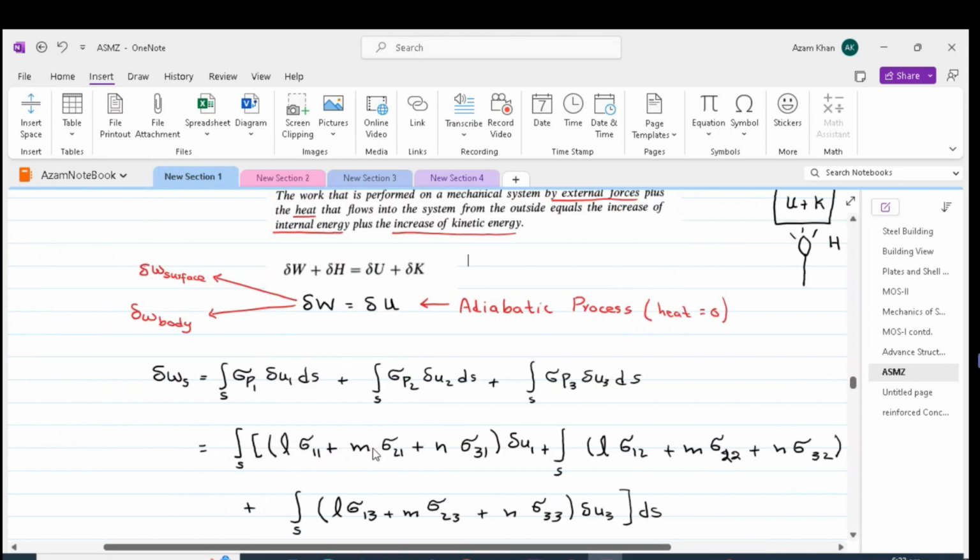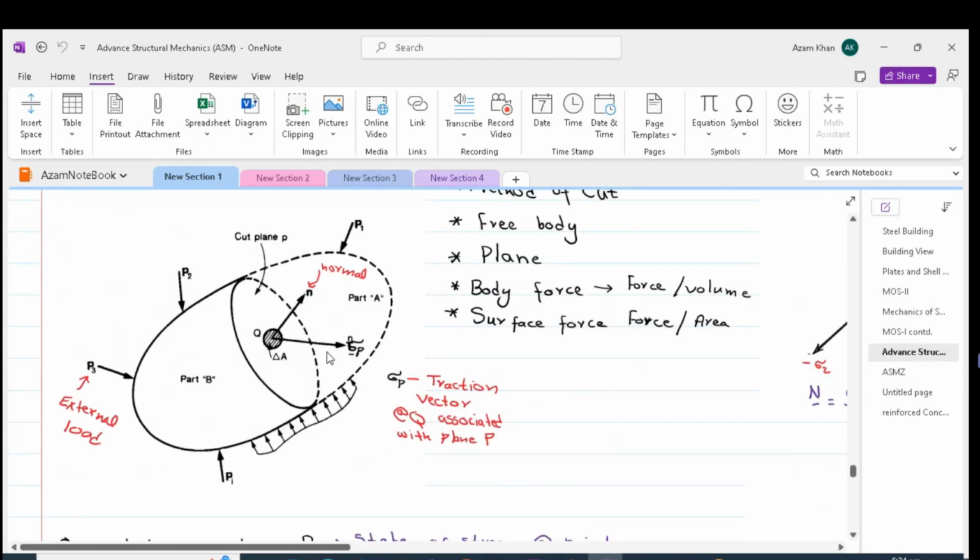As per our discussion, the variation in external work can be broken down into variation in the work of the surface forces and the variation in the work of the body forces. Thus, we take a point P of surface S and consider an increment of area ds.